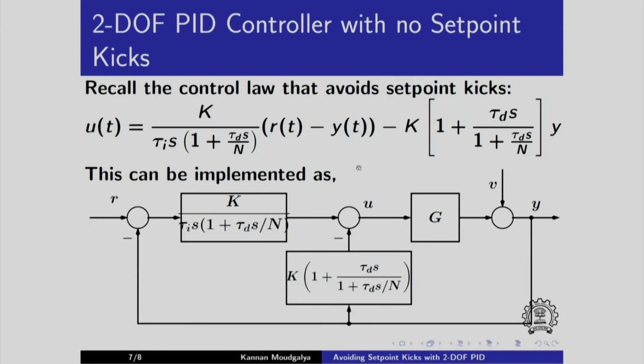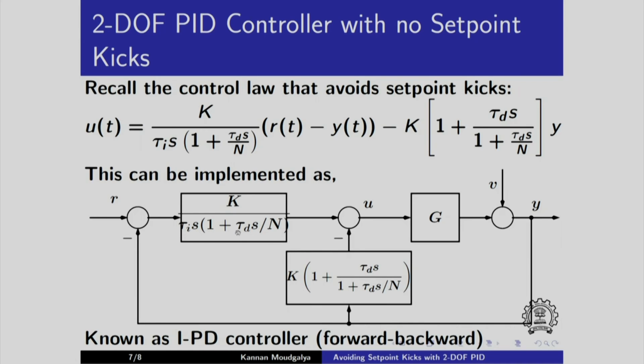In fact, that is the way one would go about implementing such control laws. This is known as the IPD form, I-PD controller, where the first term denotes what goes through the forward path. So only the integral goes through the forward path and the PD goes through the backward path.